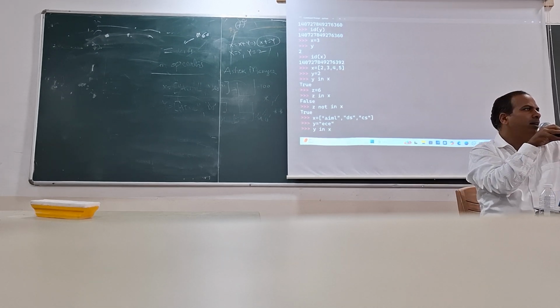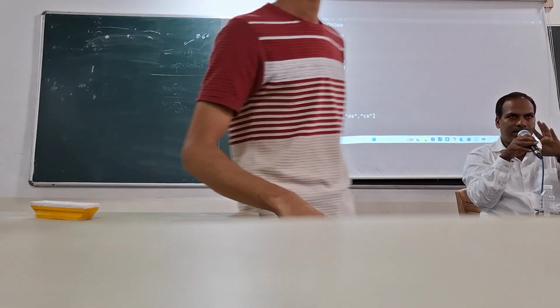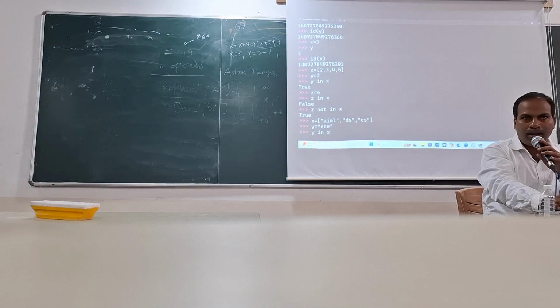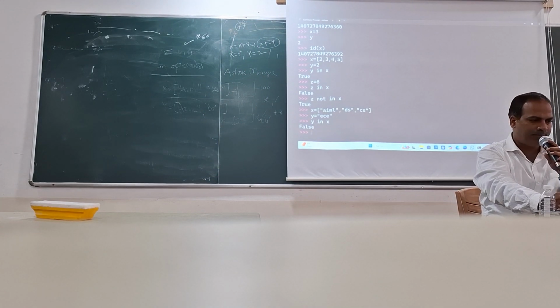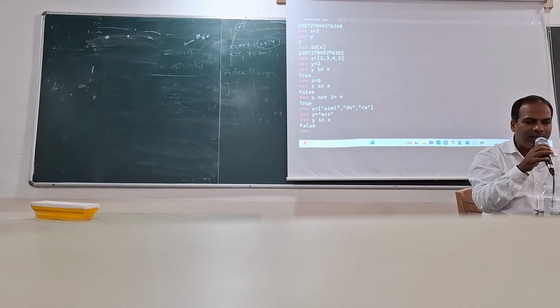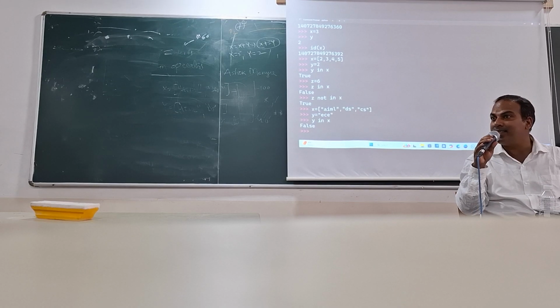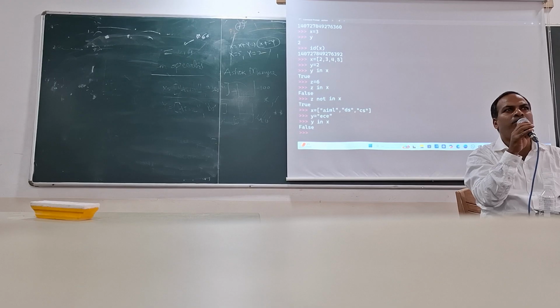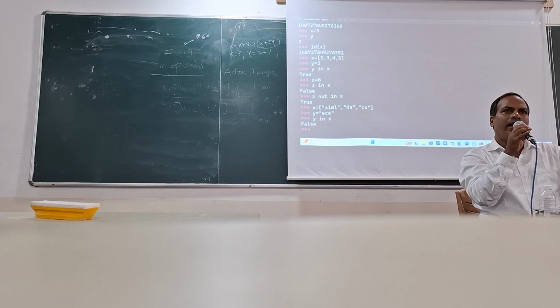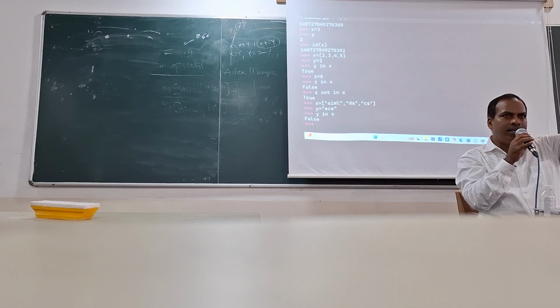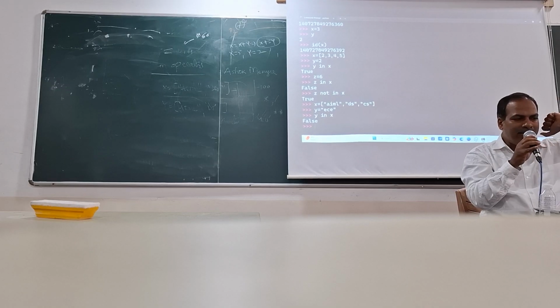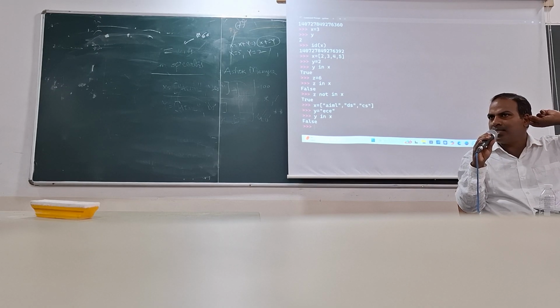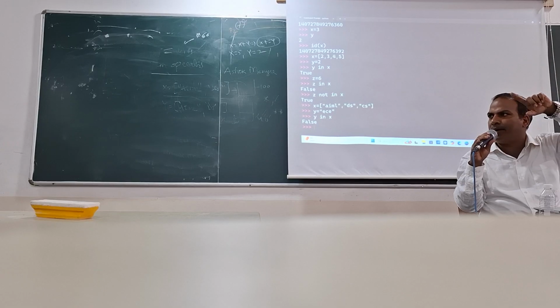Are you getting my point? I got False because ECE is not part of x. X only contains AIML, DS and CS, but ECE is not present here. I hope you understand everyone.